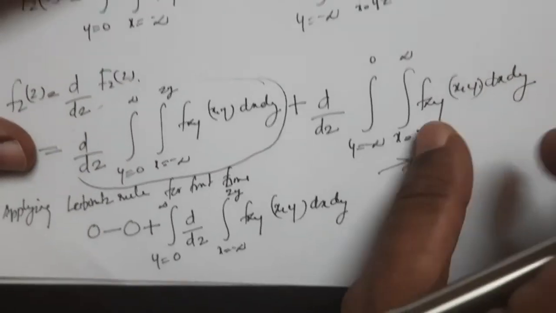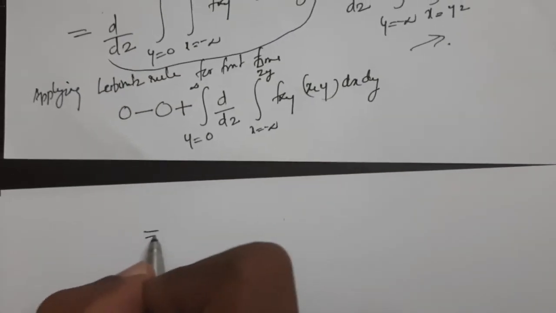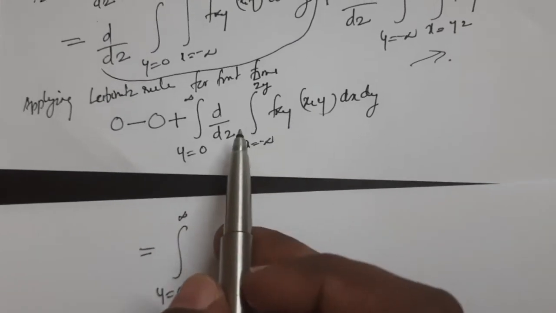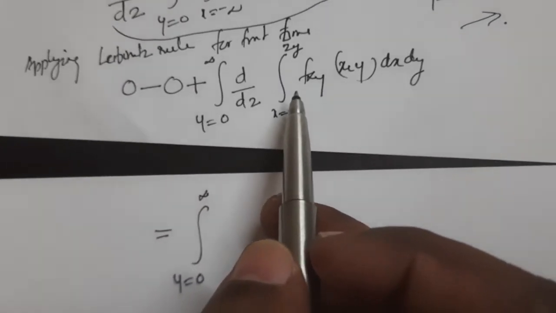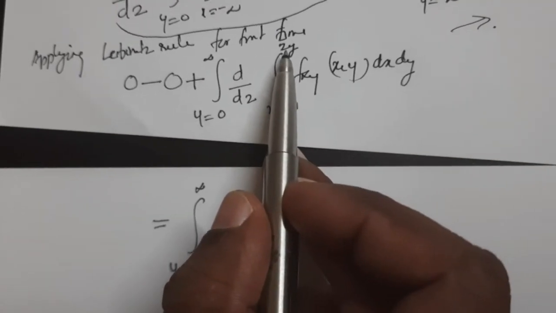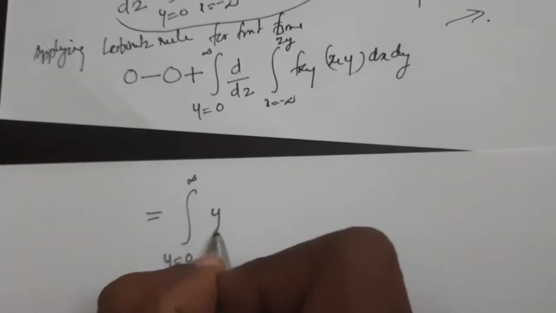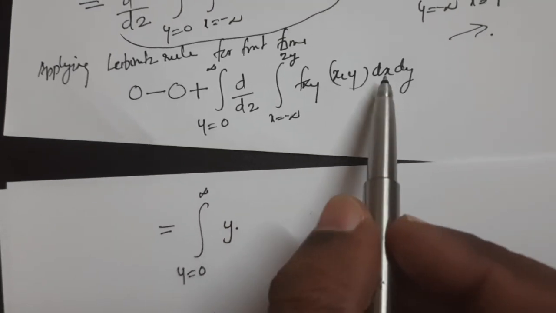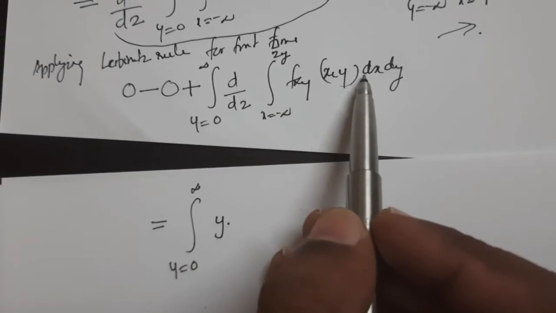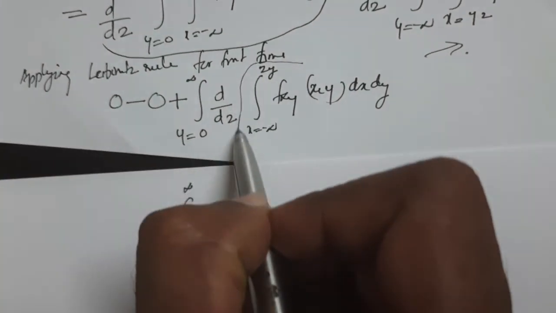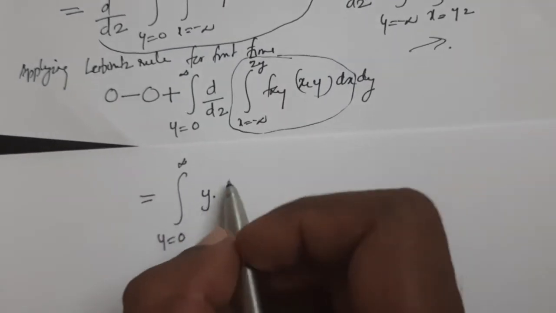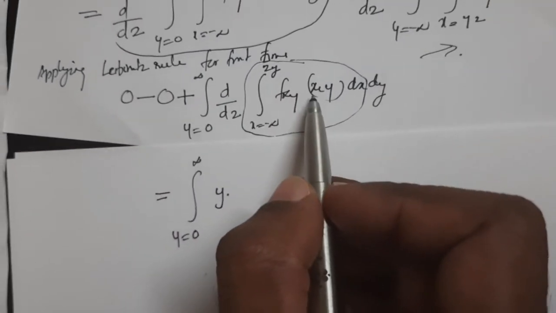Now this will be equal to the integral y equal to 0 to infinity. Now apply the Leibniz rule for the second time. d by dz of the upper limit is y. So y into, now replace the variable of integration by the upper limit. For this quantity the variable of integration is x, so replace x by the upper limit.